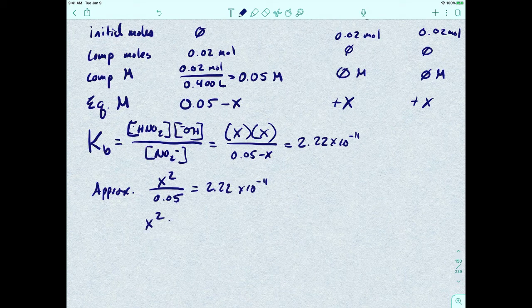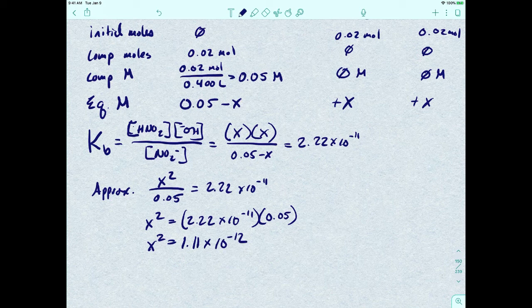So X squared, if we multiply both sides by 0.05, we get 2.22 times 10 to the minus 11th times 0.05, so that would be 1.11 times 10 to the minus 12. And then if we take the square root of both sides, X would be equal to 1.05 times 10 to the minus 6.